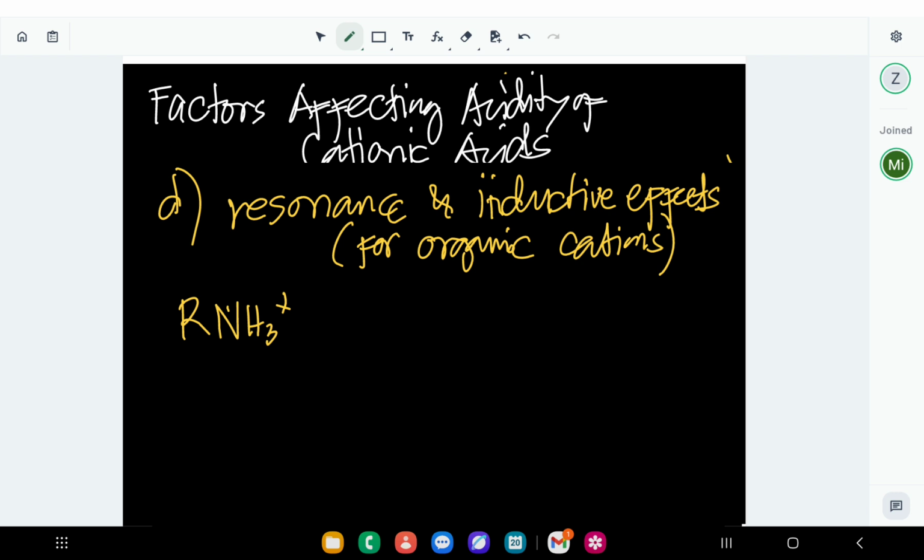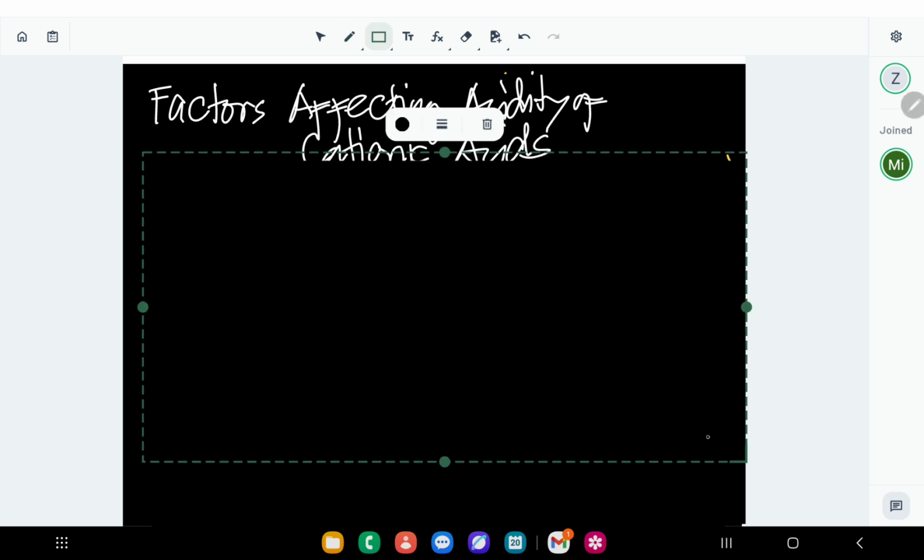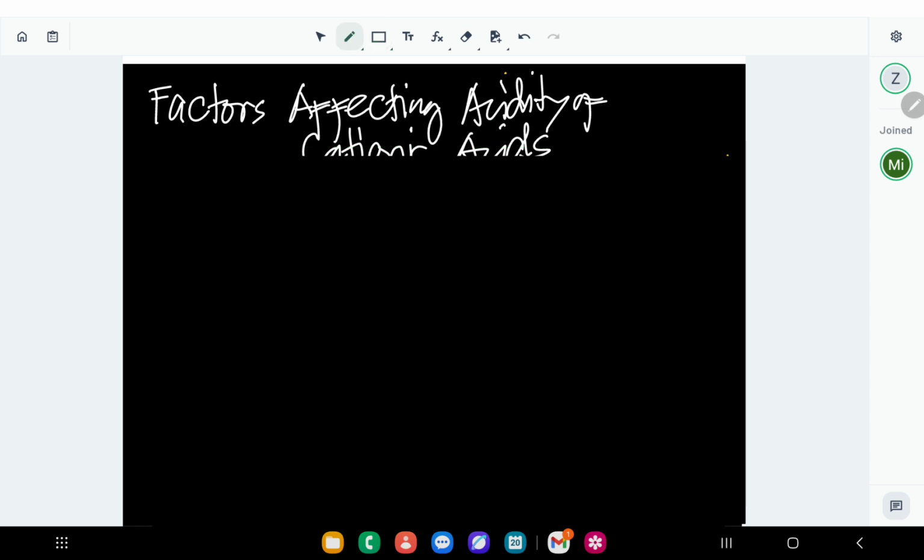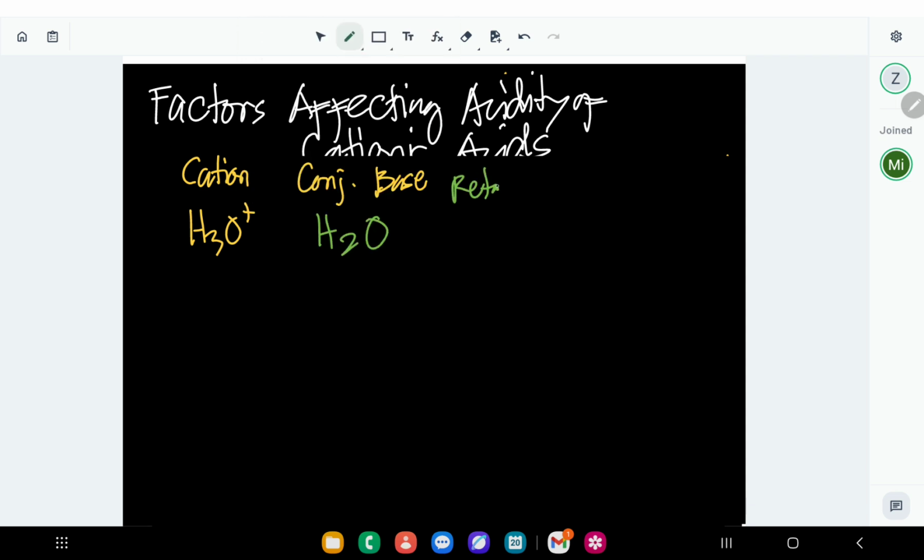All right, let us summarize this. Let's say you're given H3O+. This is your cation, so you need to know the conjugate base. The conjugate base of this one is water, and its relative acidity is very strong.